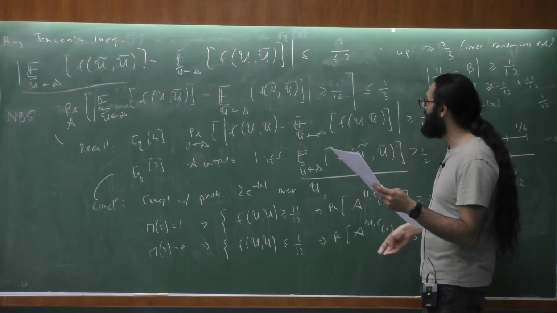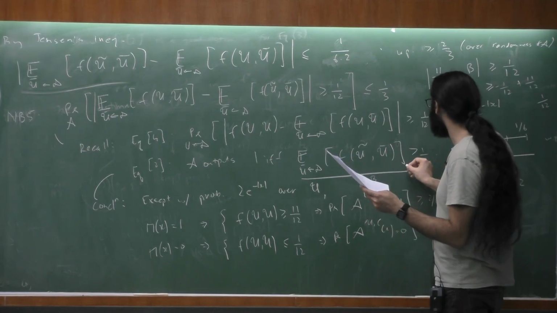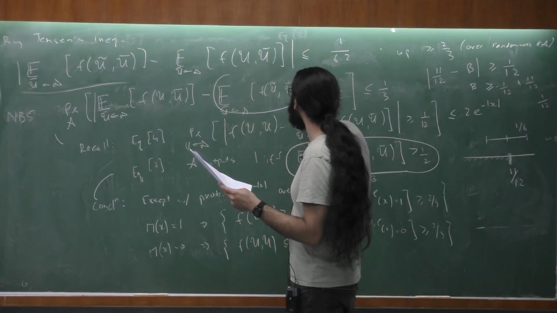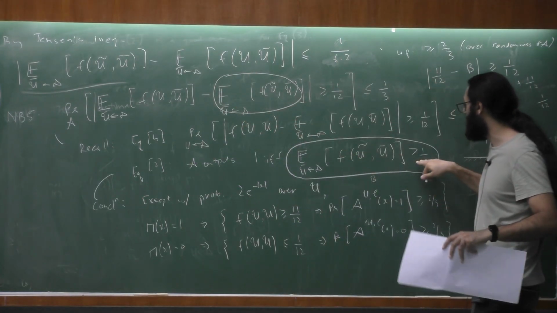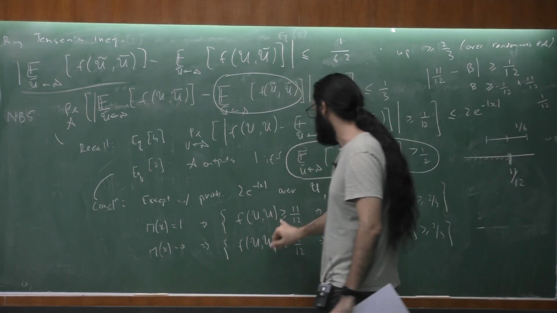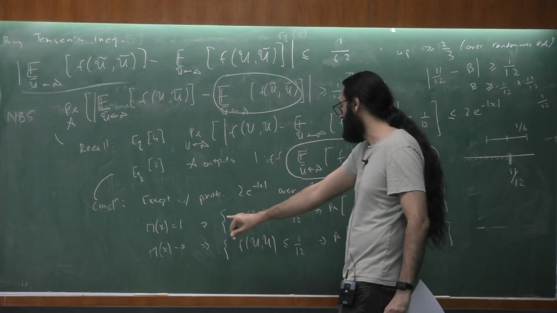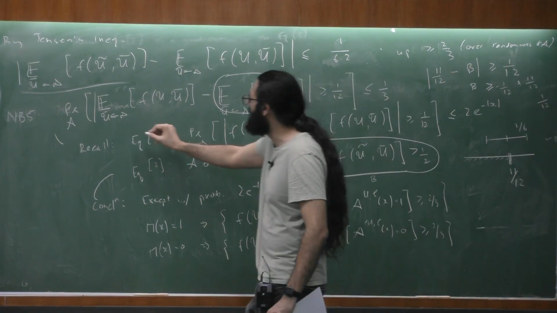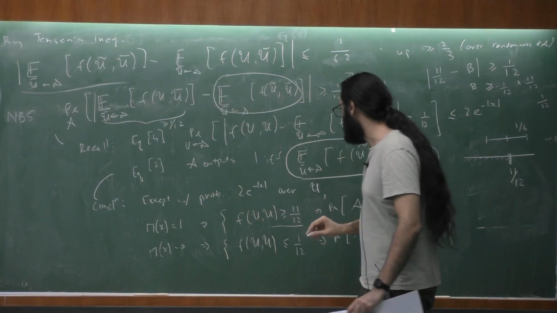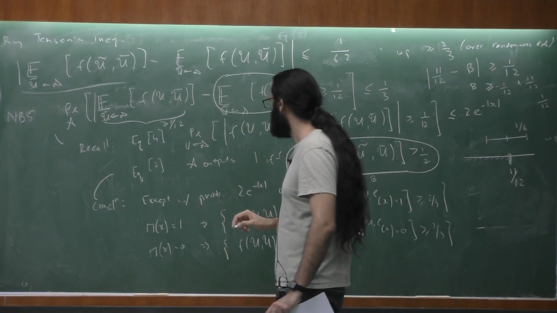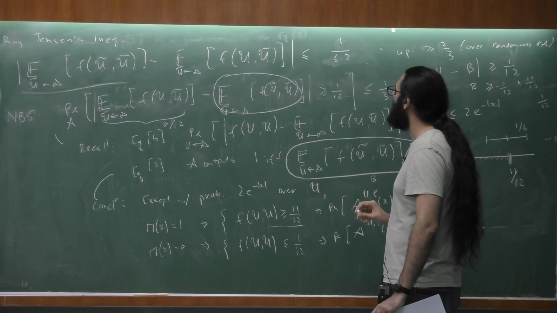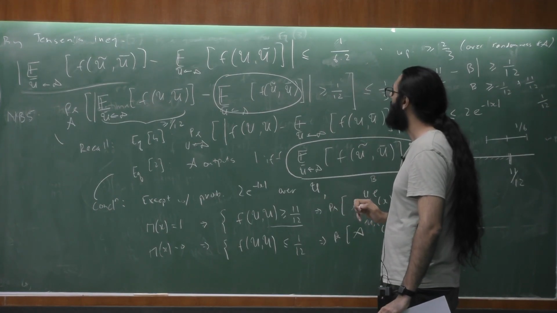Yeah, so all that we're using is, let me tell you what we're using. We're using the fact that we want this expectation, right? We want to see when this is greater than half or not, okay? And we know these bounds, right? Because if it's a yes instance, we know that this quantity is at least 11 by 12, and for this yes instance you want this A to accept, that is this other quantity.